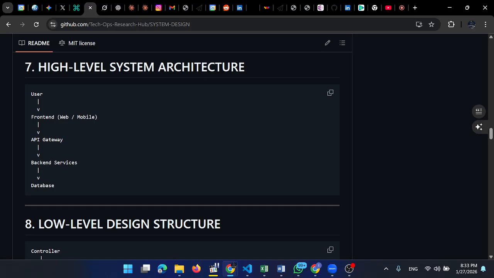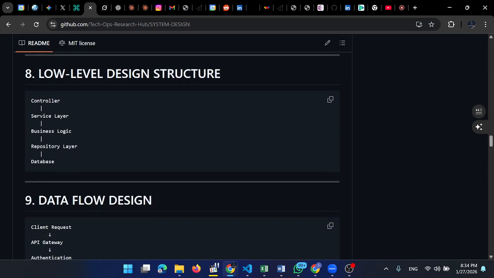Which means that the API gateway will help you to connect with the backend services, and then the backend services will connect with the database, and then back to the user. So that is how the architecture operates. And you definitely need to understand that everything that's going on here is very intentional, or rather very detailed in terms of the kind of effect that is required.